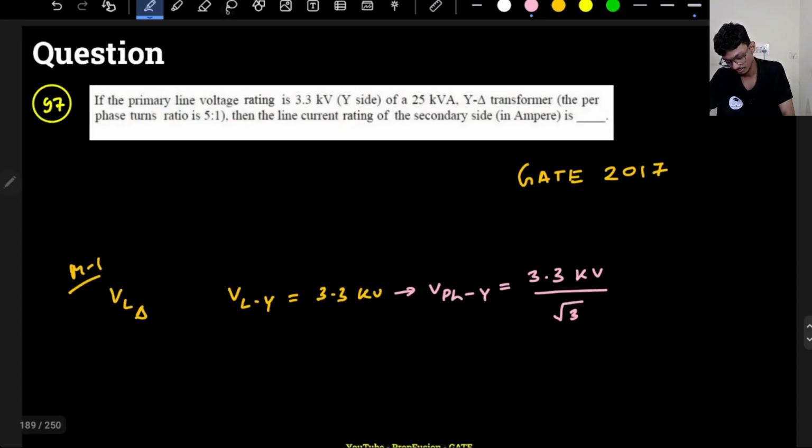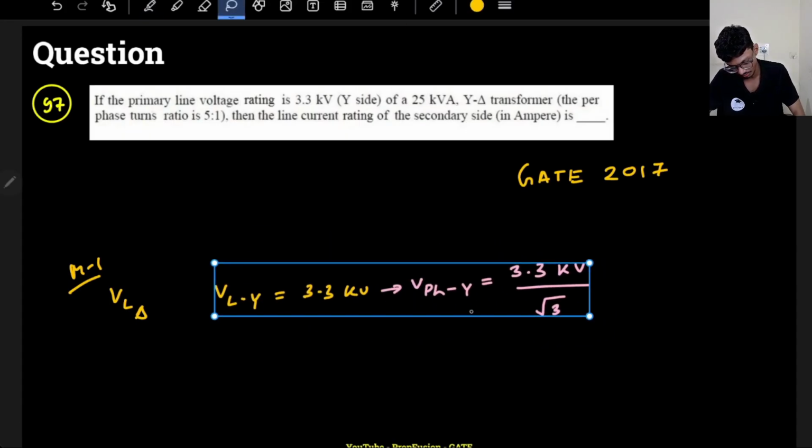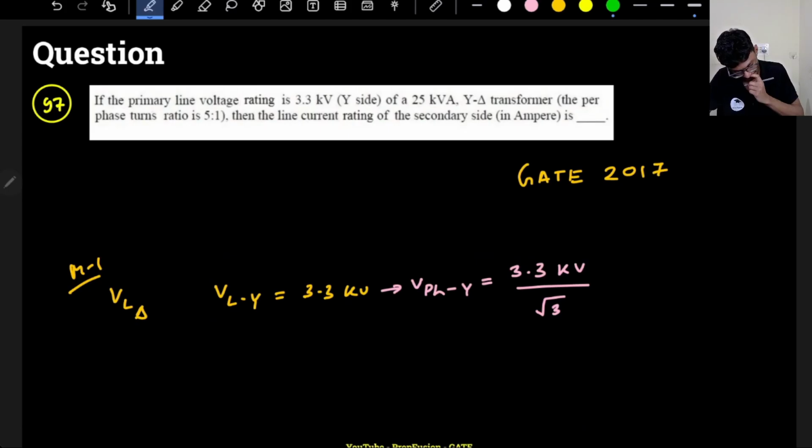Now, what is the turns ratio? Turns ratio is 5:1. So V phase in the star side upon V phase in the delta side will be 5/1.